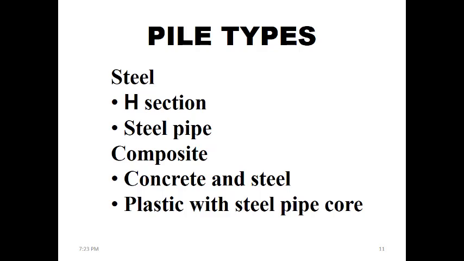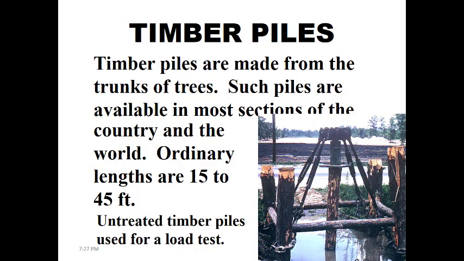While the timber, the concrete, and the steel have their advantages in application for projects, composite piles are also used in structures, because when you think of concrete and steel together, it's a composite, or it can be plastic with a steel pipe core, and in this particular case you have to think about the skin surface resistances that should withstand the loads coming from the structure.